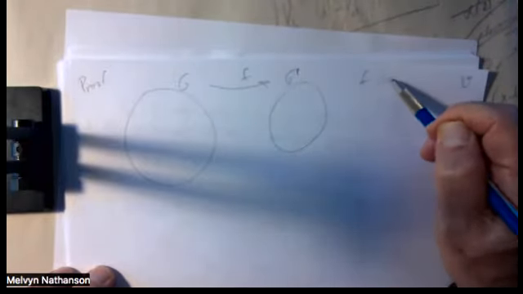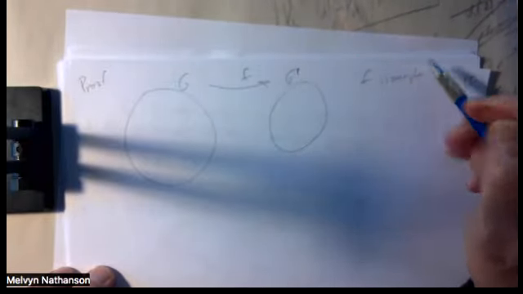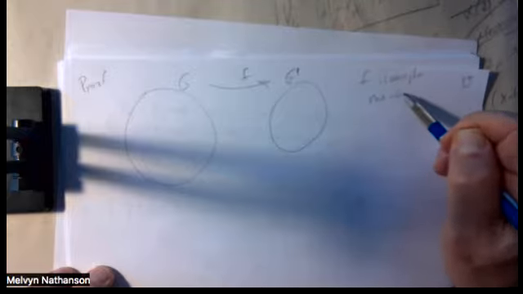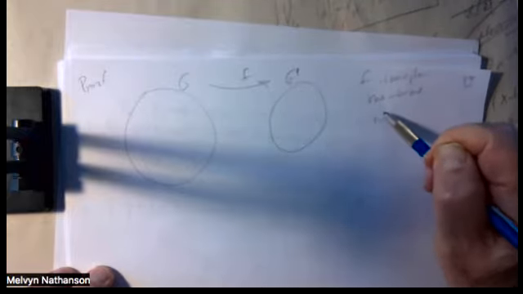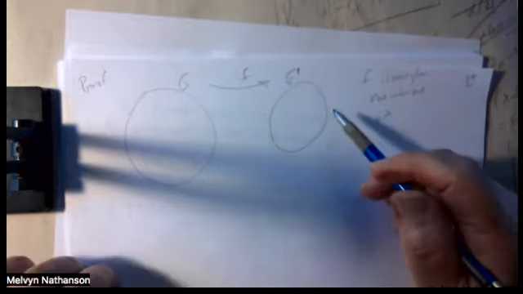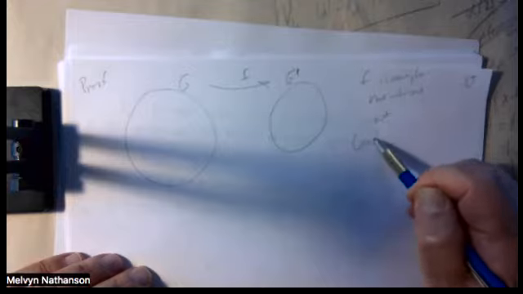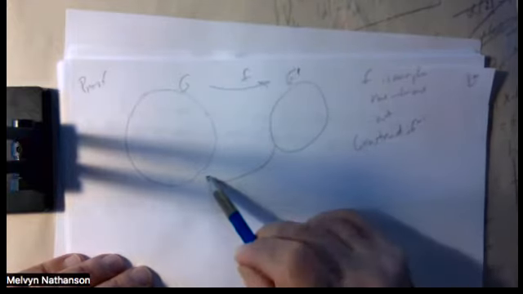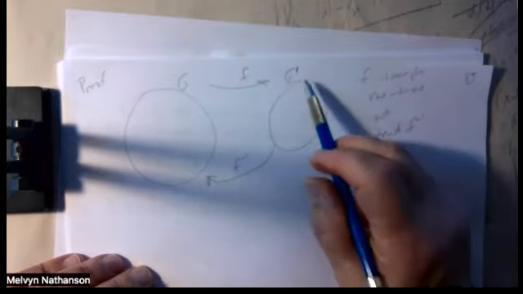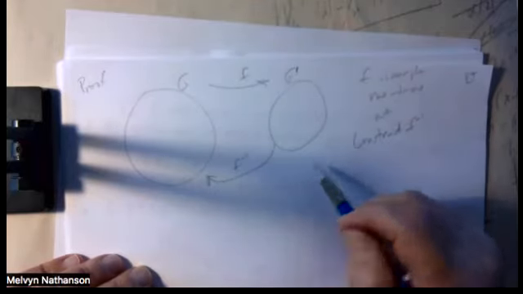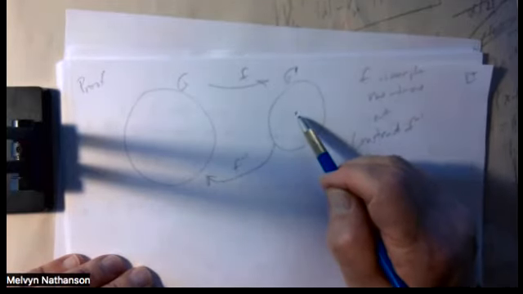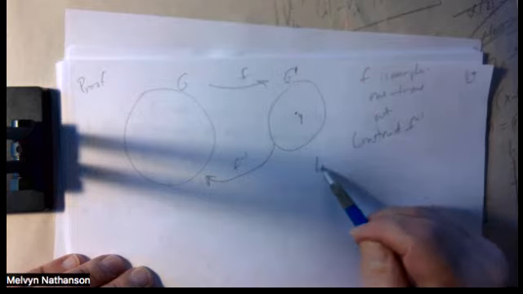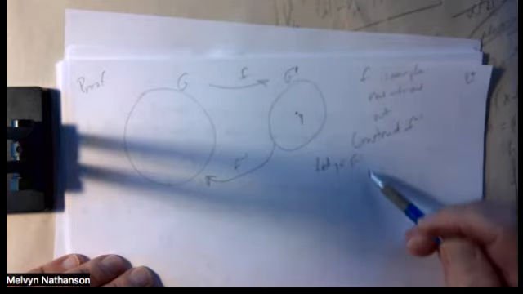Here's G, here's G prime, here's a function f. So f is an isomorphism. So that means it's 1-to-1 and it's onto. And I want to construct an f inverse function that goes backwards from G prime back to G. So suppose I take a y in G prime.